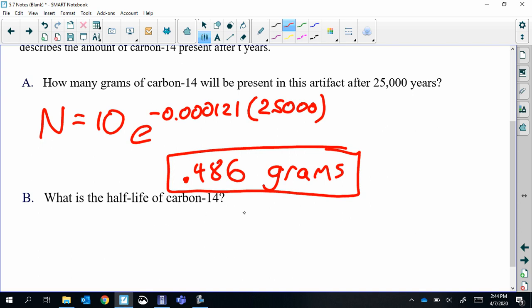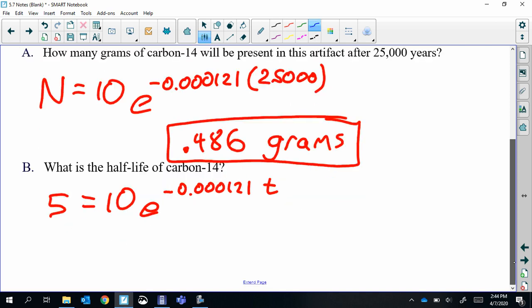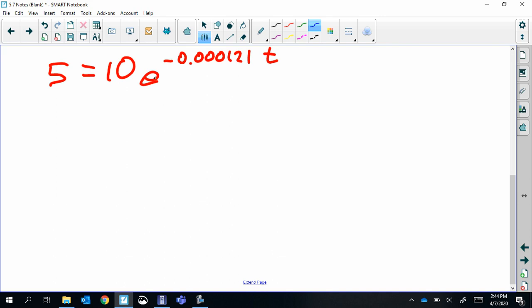What's the half-life? So to find the half-life, that means how long would it take for half of it to be left. So we start with 10, we end with 5. And we are solving for t. So since our variable's in the exponent, we want to first get that by itself.